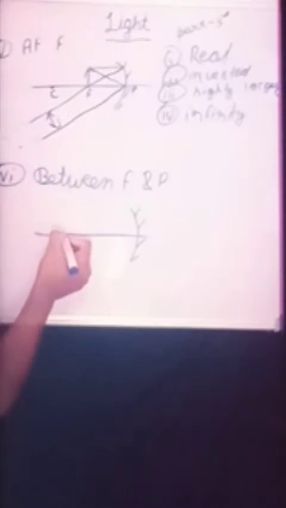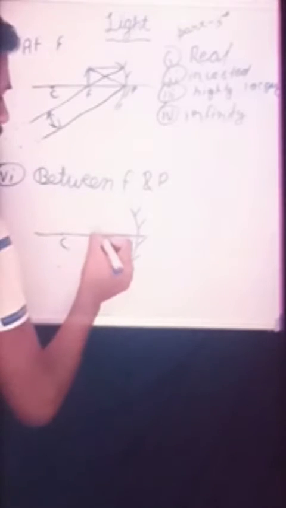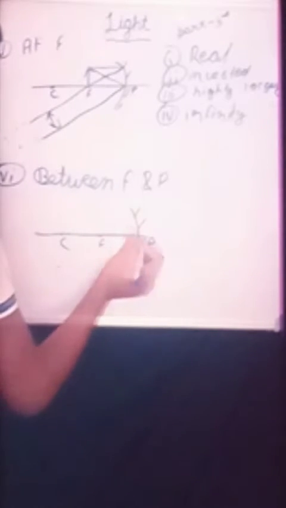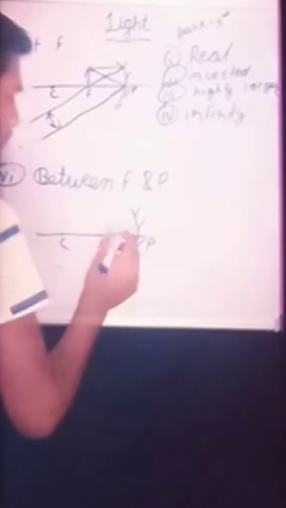Okay, this is a concave mirror. And now see here, this is C, this is focus, and this is the pole of the mirror. We place the object between focus and the pole of the mirror here.